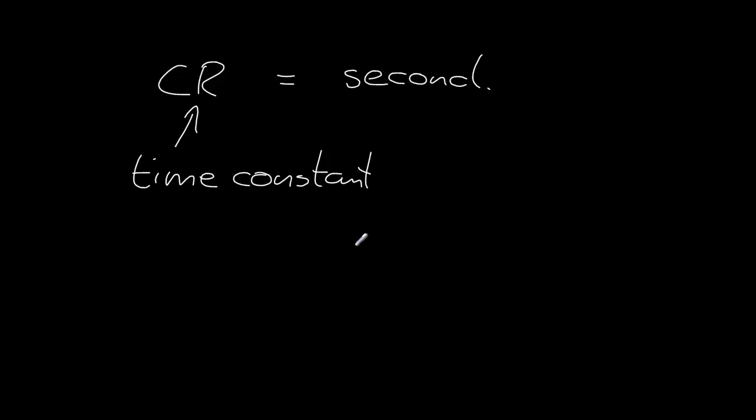Because it's obviously equal to the second, I just want to have a look to see what would happen if we discharge a capacitor through a resistor for a time of the time constant. So let's have a look at that. So the amount of charge we're going to have is Q0 e to the minus t over CR. However, if we're going to discharge for the amount of time that's equal to the time constant, then this whole term here becomes minus 1.